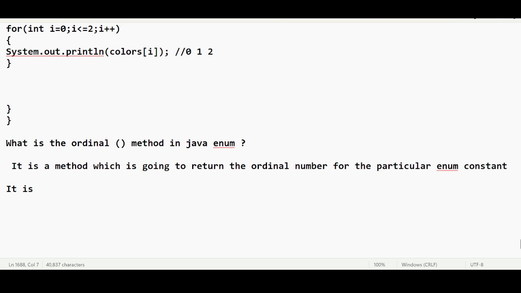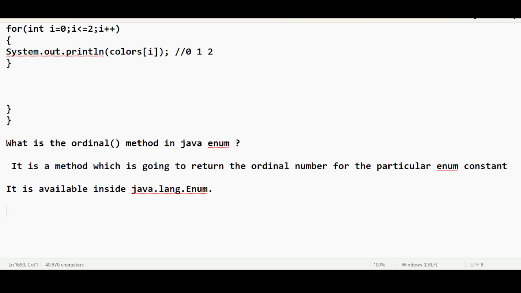When you call this ordinal method, it is going to return the ordinal number. What is that ordinal number? We'll understand. It is available inside java.lang, in a package with the enum.